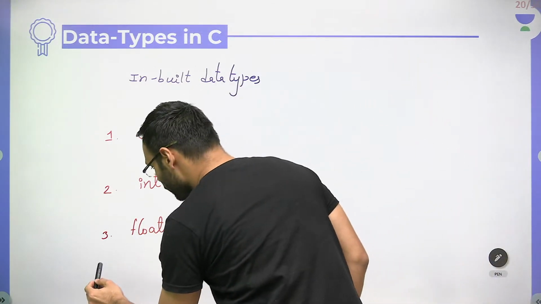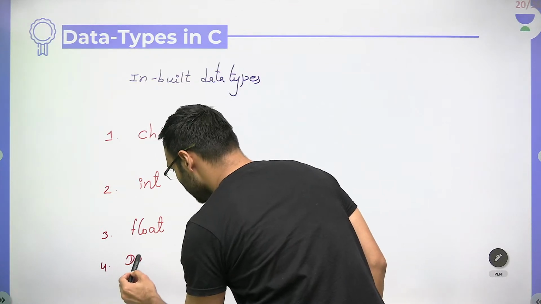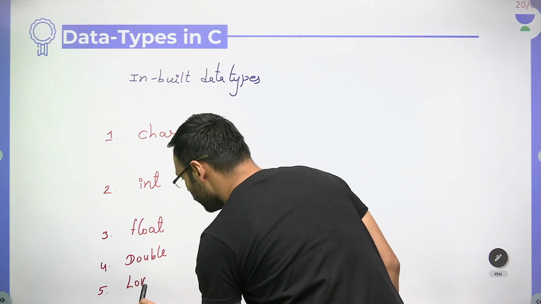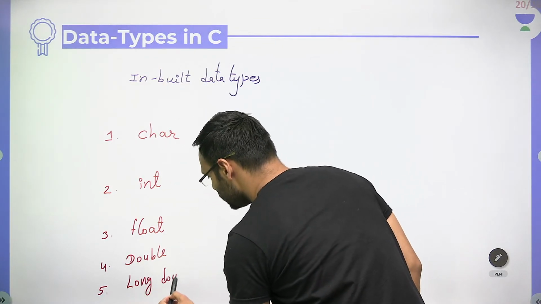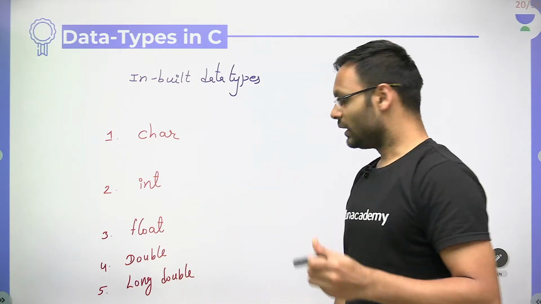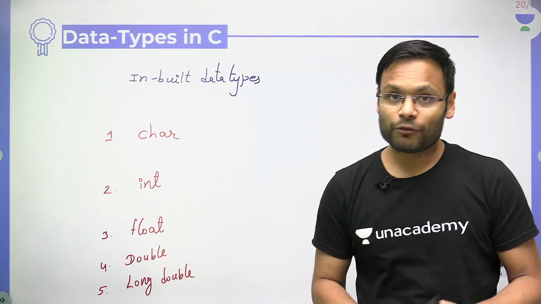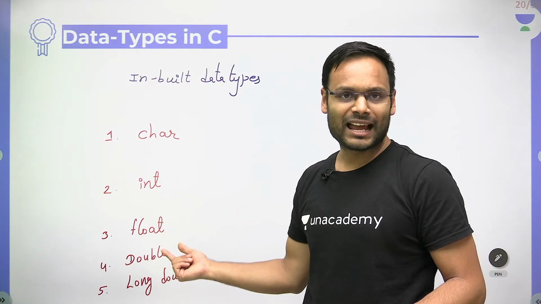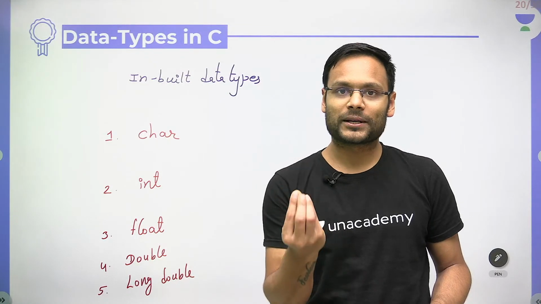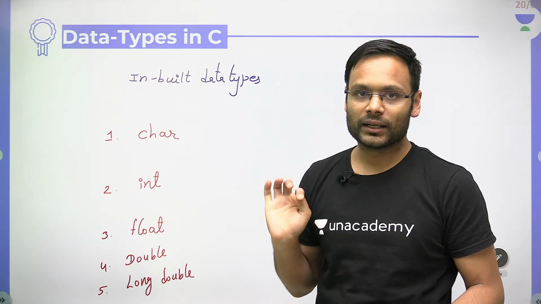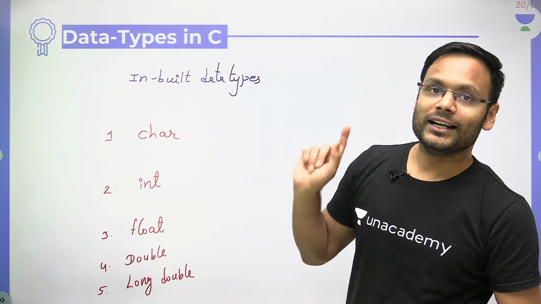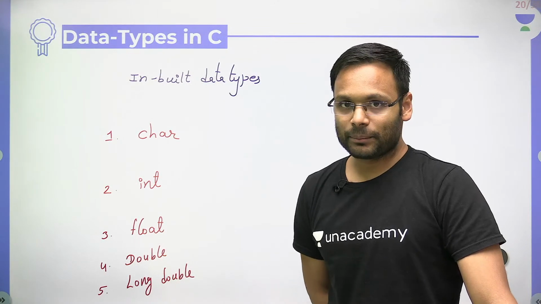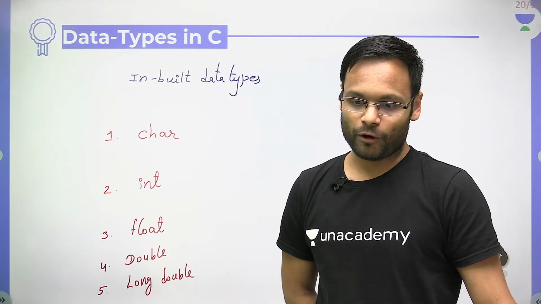For those who have already learnt COA, just for the information, all float values in C language are represented in IEEE single precision format, and all double values are represented in IEEE double precision format.